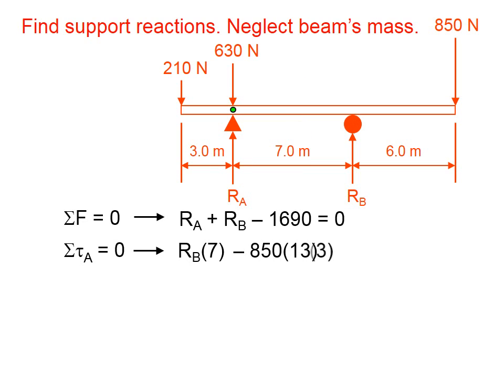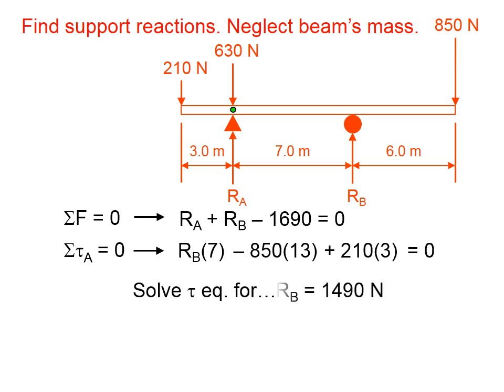So I'm expecting a positive sign. And those torques have to add up to 0. Again, we haven't had to use RA and 630 because the lever arms for those forces with regard to that point are 0. So we don't need to write those.